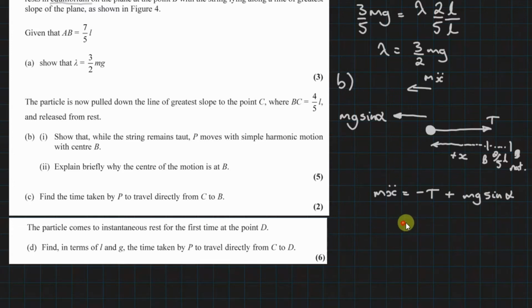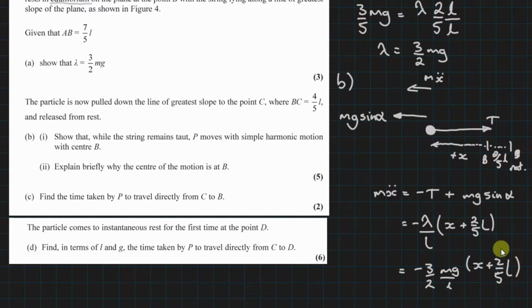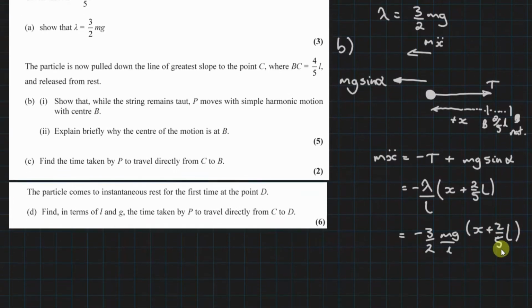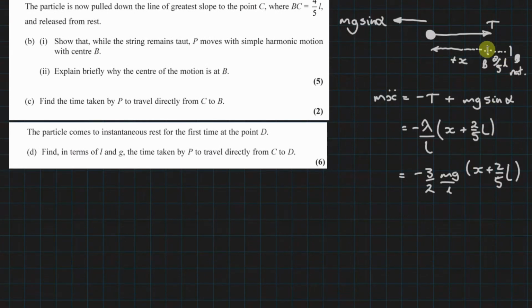Now when I put in the tension equation, I get minus lambda over L and our extension x plus 2/5 of L. Put in lambda, 3 over 2 mg, mg over L, and that gives me x plus 2/5 of L. Expand out the brackets, and what you should notice is the extension to get to the equilibrium point should balance out with our component due to gravity.